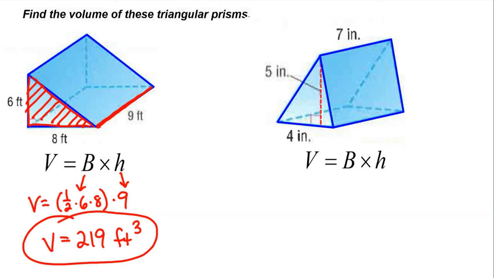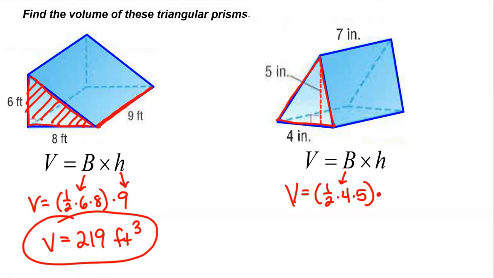And then the same for this next triangular prism. The triangle shape is the base, so this is what I'm focused on right now, is the area of this base, the area of this triangle, which is 1/2 base times height. So the area of the base is going to be 1/2 4 times 5, since 5 is the height of the triangle base. And then I'm going to multiply by the height of the prism.